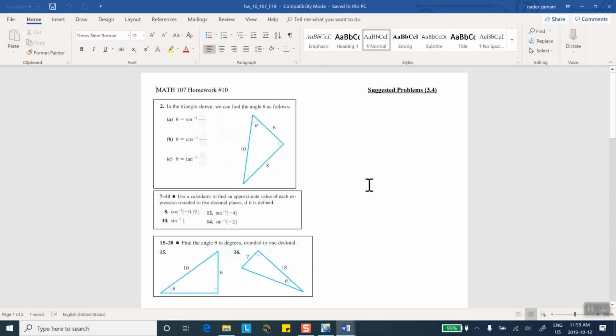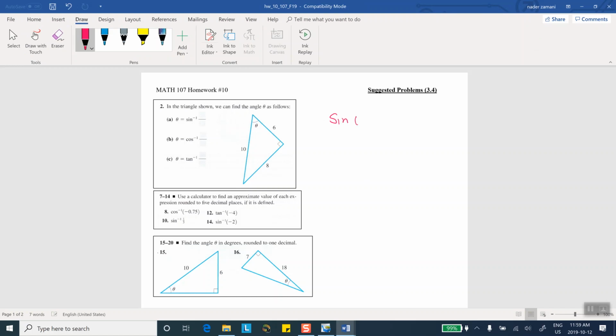Okay, first of all, it says in this right triangle, we want to write down theta equal to sine inverse of what? Now, remember, when we try to fill in this blank, it means that the sine of theta equals the thing that we're going to put in here. Just look at your diagram.